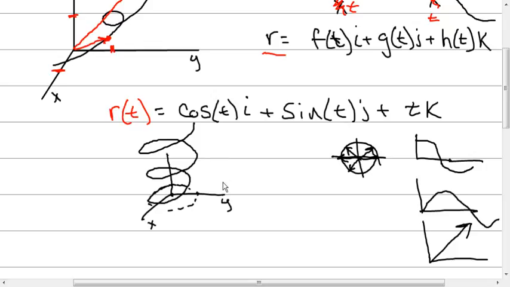It becomes a spiral or a helix, okay? And by manipulating these values, we can get different forms. For instance, if we want something a little more exotic, we could substitute in cosine t here, and then instead of z going up uniformly, it would now kind of go up and down. And you can kind of imagine what that would look like.